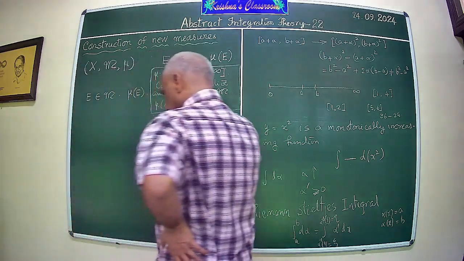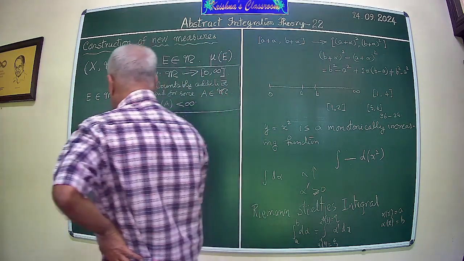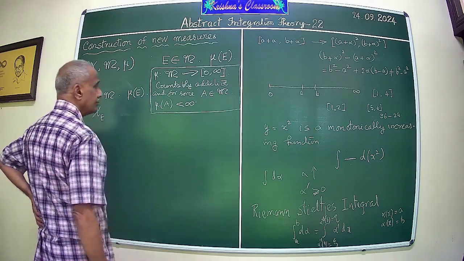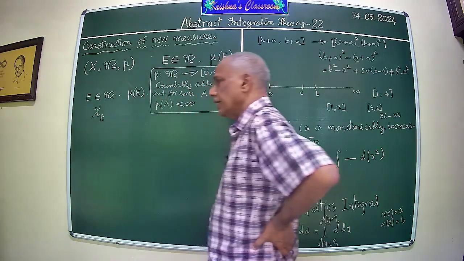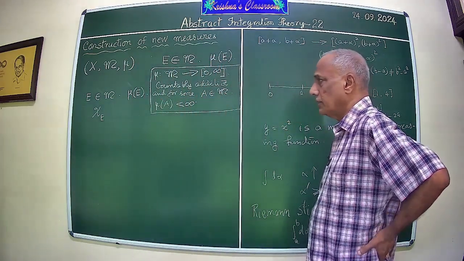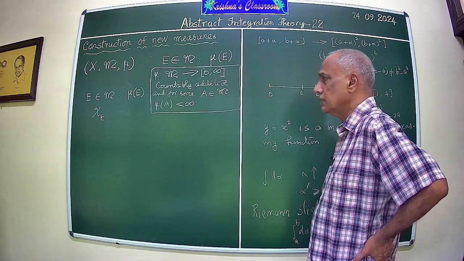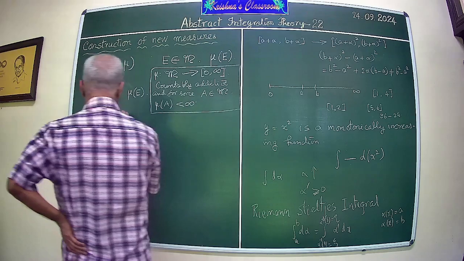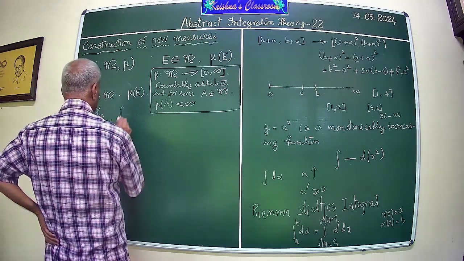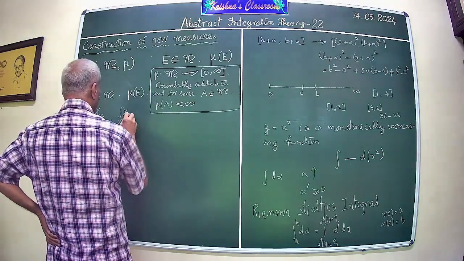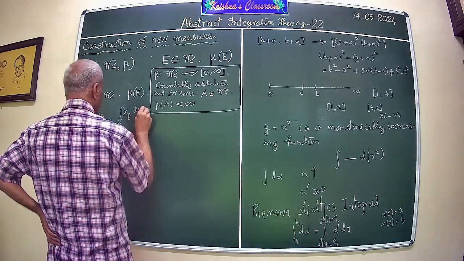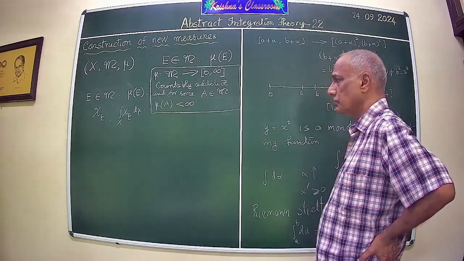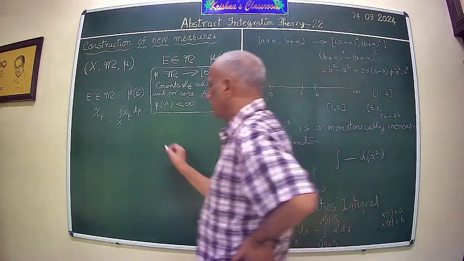Now we take the function chi E. That means the function that is identically equal to 1 on E and elsewhere 0. So you define the integral over X of chi E, that will give you mu of E.